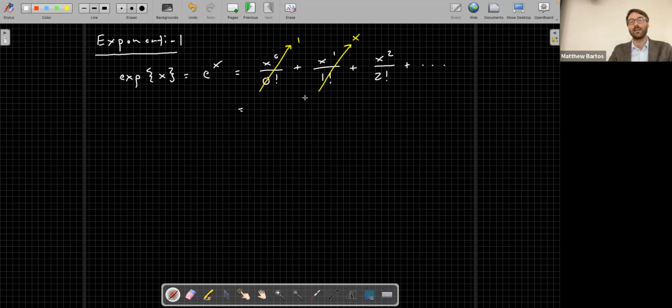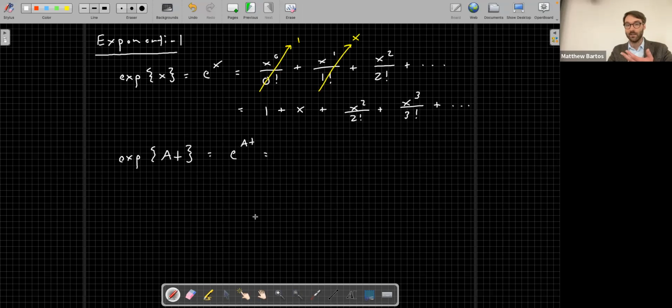So we end up that the Taylor expansion of an exponential function is given by 1 plus x plus x squared over 2 factorial plus x cubed over 3 factorial, and so on. Okay, so this is equal to the exponential of x. So for a matrix, it works in much the same way. Let's say we want to take the exponential of the matrix A times some scalar t. We can just define e to the At as being equal to this Taylor series.